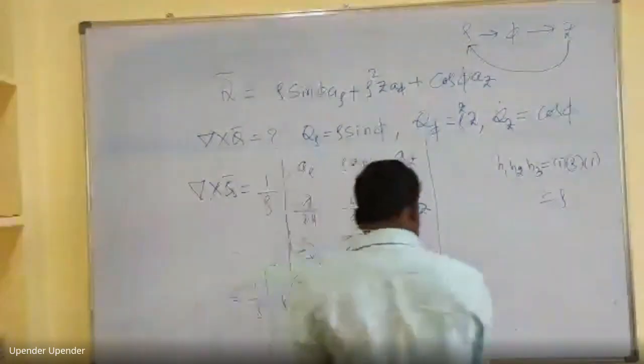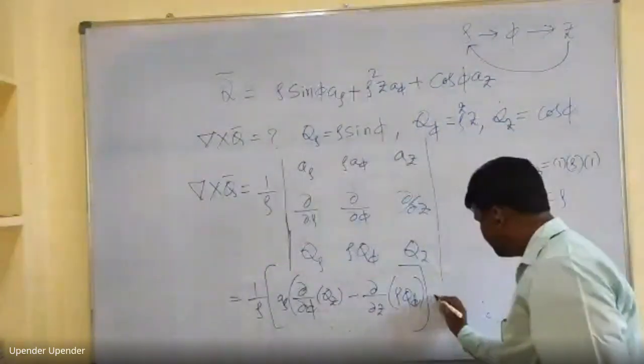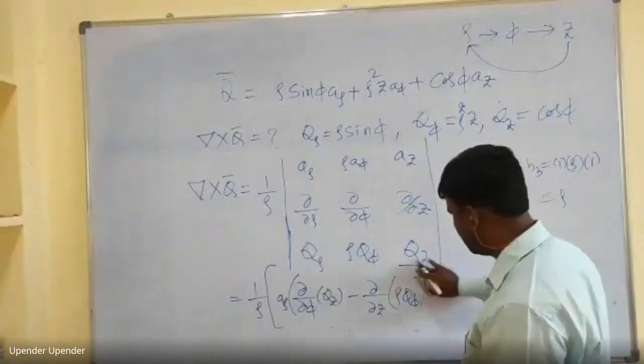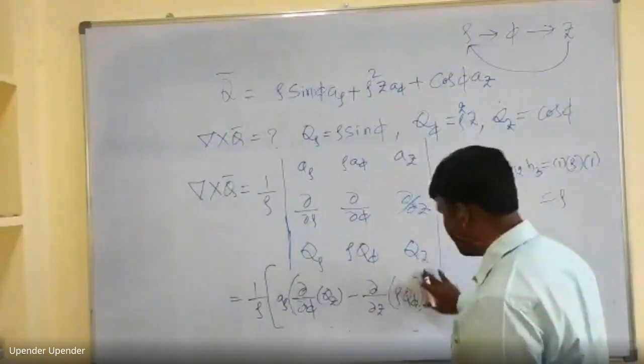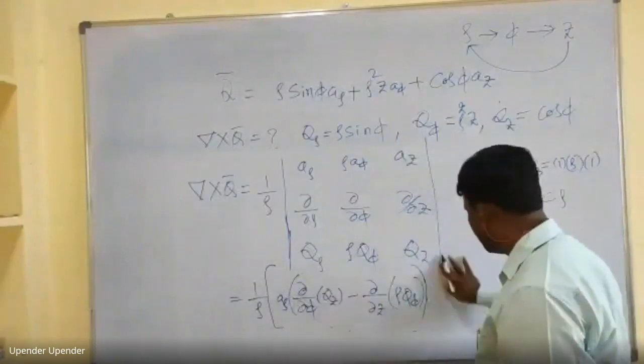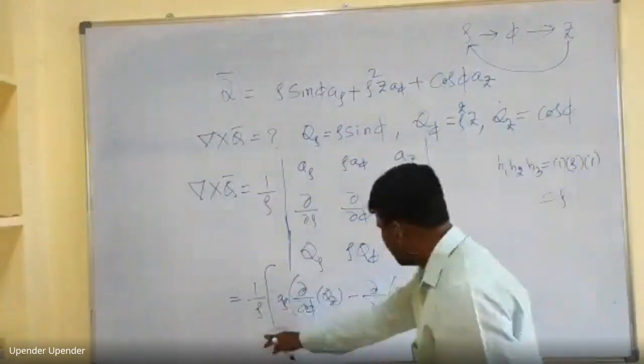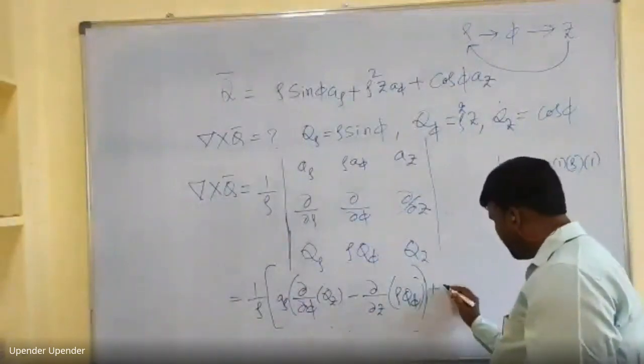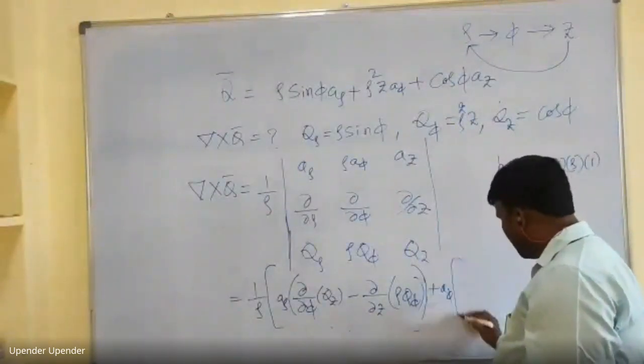Plus, of course, this is a rho into this one. Next, this 1 by rho is multiplied by the whole thing. That is next, a phi.